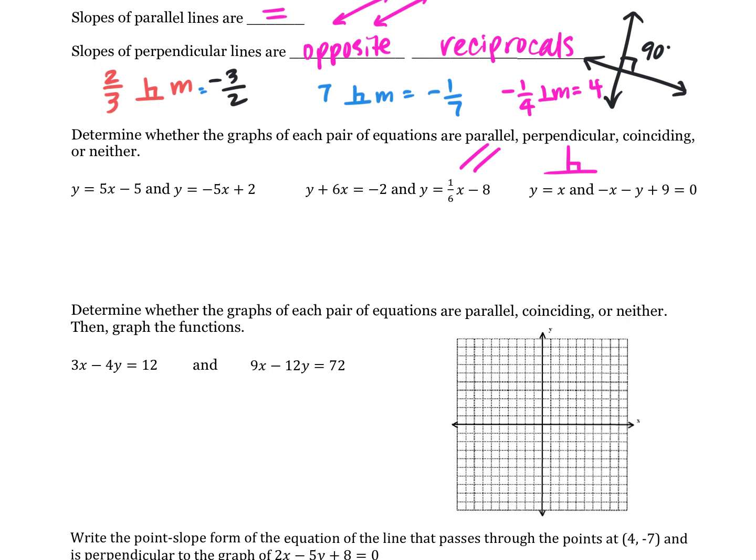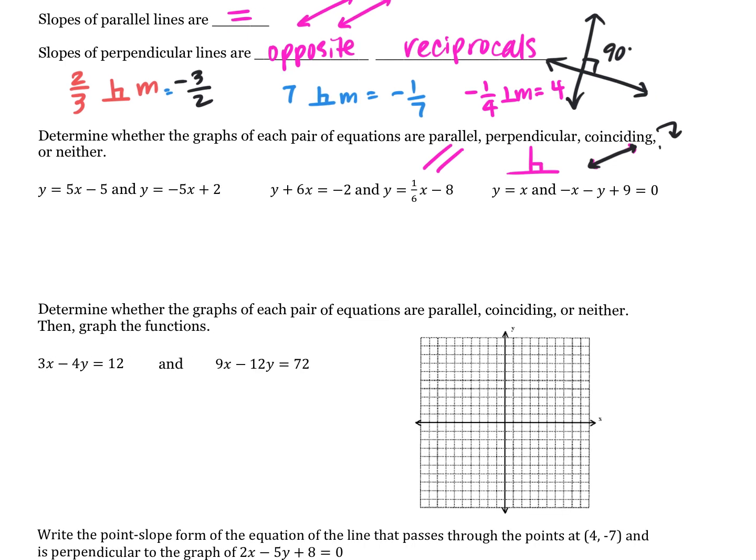Anyone know what coinciding would be? The same exact line. I love it. So if I drew one line, the coinciding line would go right on top of it. So maybe right next to coinciding, you say it's the same line. What would an example of that be?